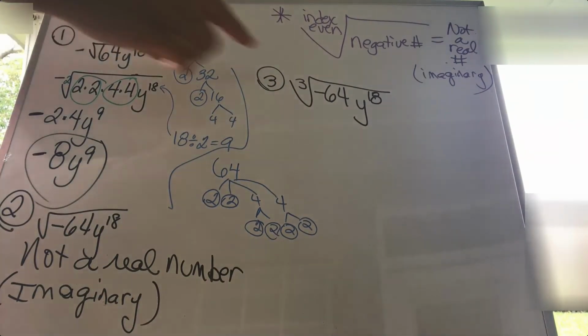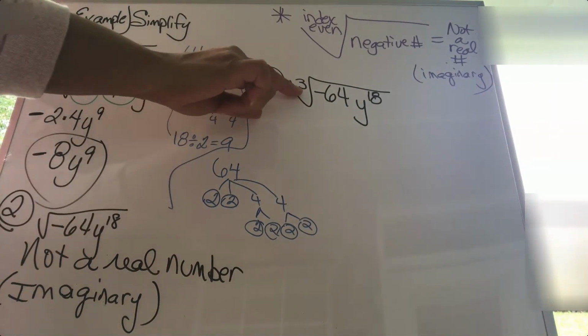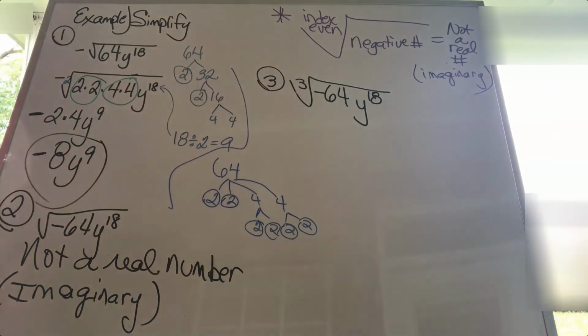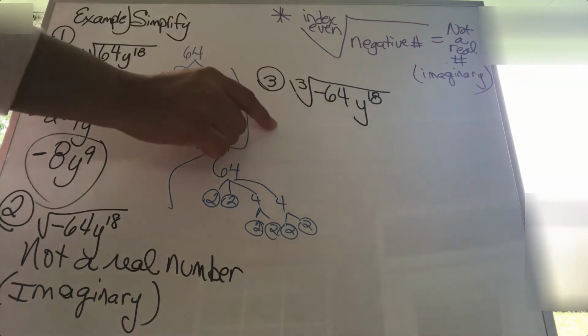Now in terms of that negative that's sitting in front of here, this is an odd index. I can take a negative times a negative times a negative and get a negative. I can multiply a negative number times itself 3 times and my answer comes out negative. So this is fine. All I'm going to do is pull my negative out front.